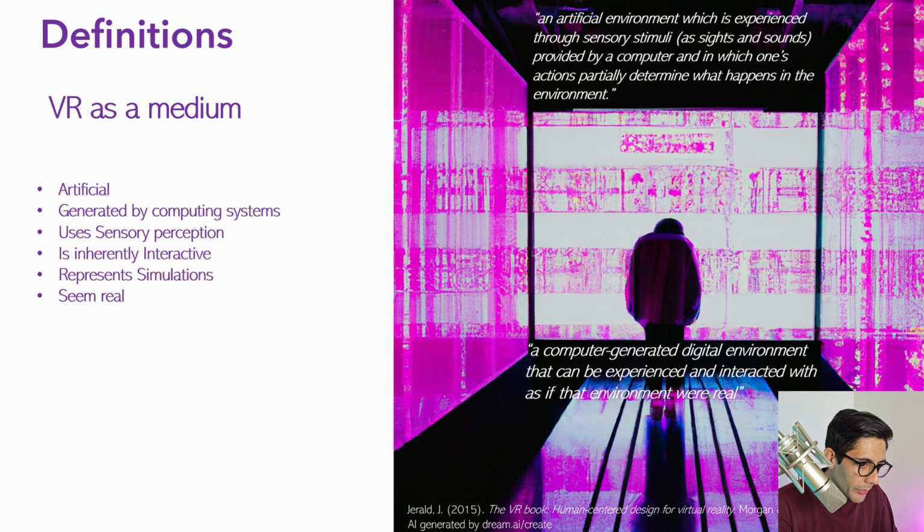So, for example, we could say that VR as a medium is artificial, is generated by computing systems, and uses sensory perception. Users or players use sensory perception to navigate, to observe, and to experience.